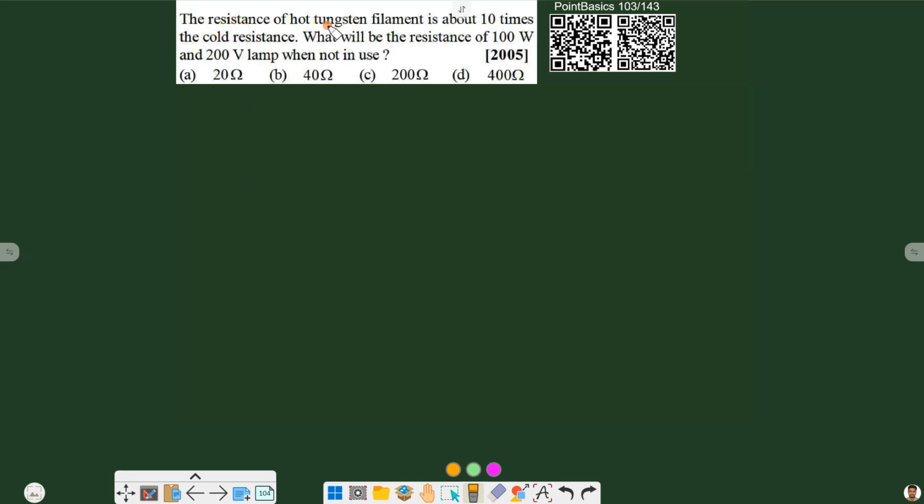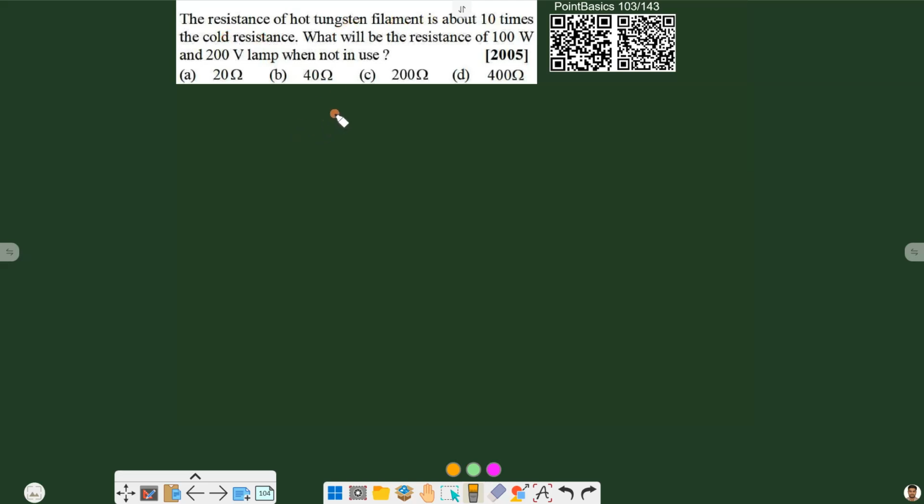The resistance of a hot tungsten filament is about 10 times the cold resistance. What will be the resistance of a 100 watt and 200 volt lamp when not in use? So as per the first line, resistance of the hot filament is 10 times the cold resistance.